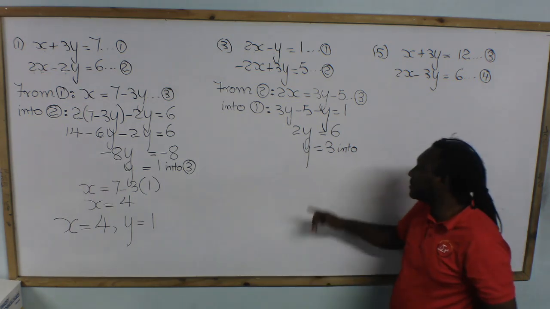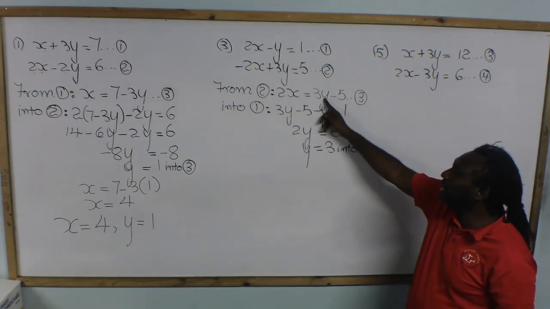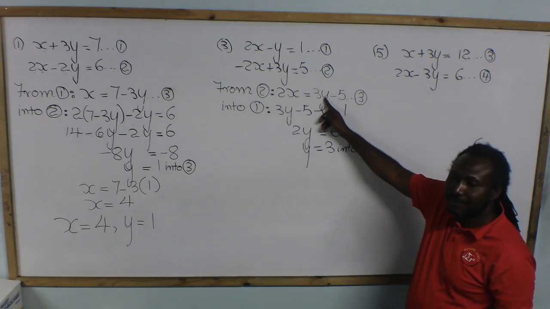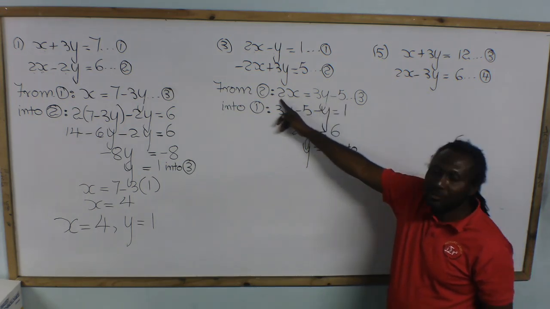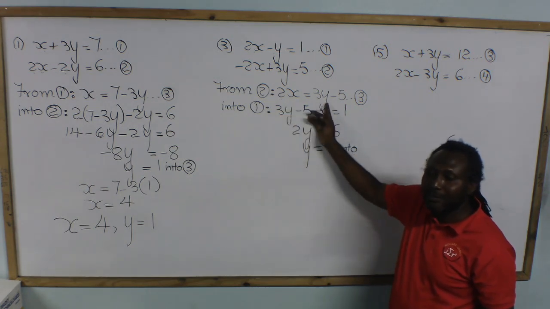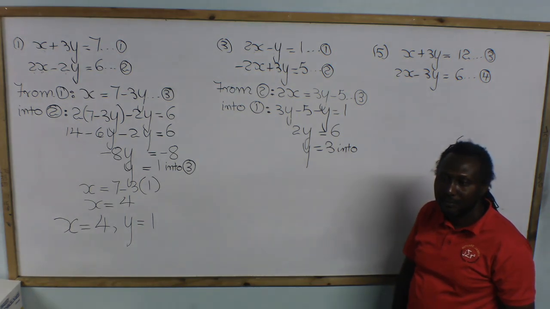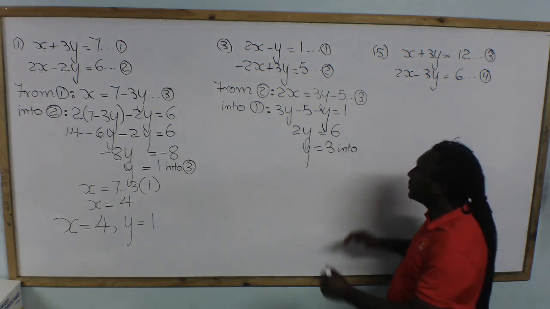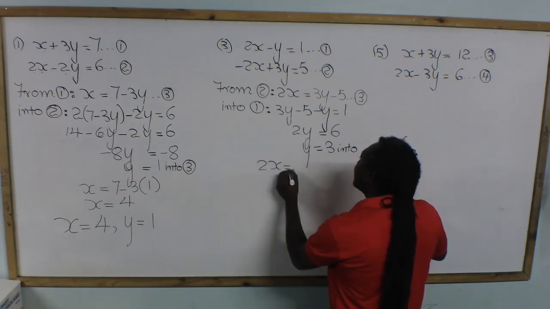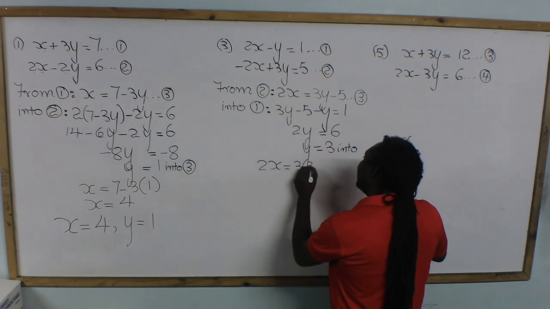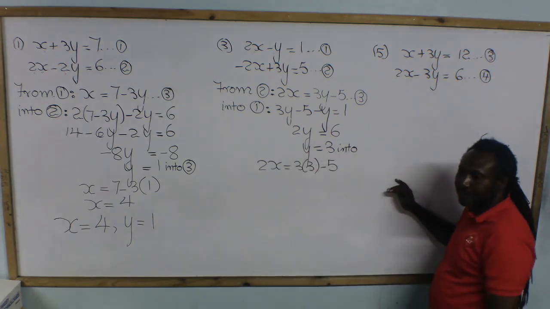So all you need to do, as a matter of fact, look at this. y is equal to 3. Put a 3 here. What do you get? 3 times 3? 9. Minus 5? 4. And then divide 4 by 2. That's all. So 2x is equal to 3 times 3 minus 5.